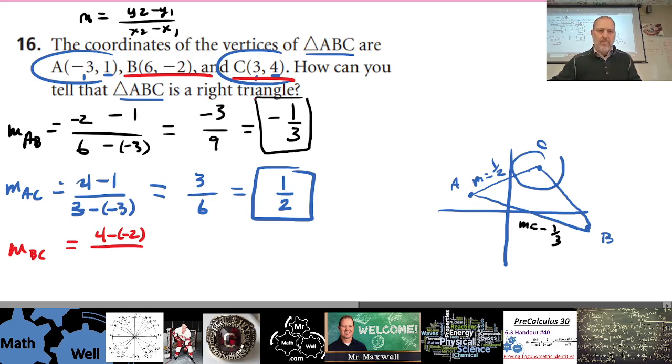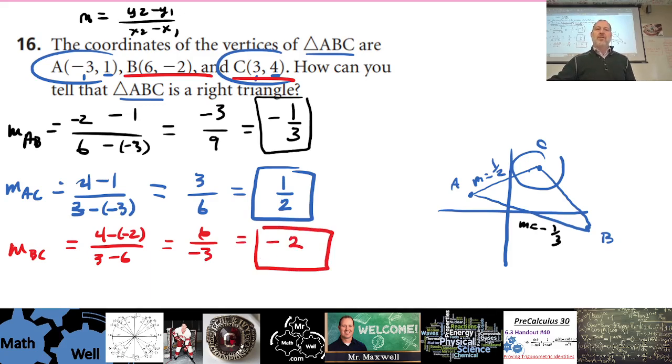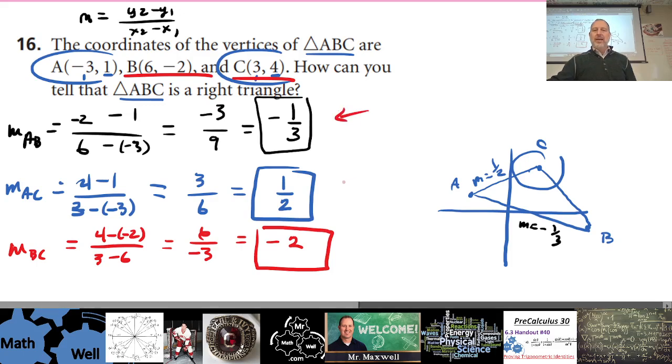Where was I? 4 minus negative 2, and then 3 minus 6. So this is 4 plus 2, that's 6, over 3 minus 6 is negative 3. So that's negative 2.